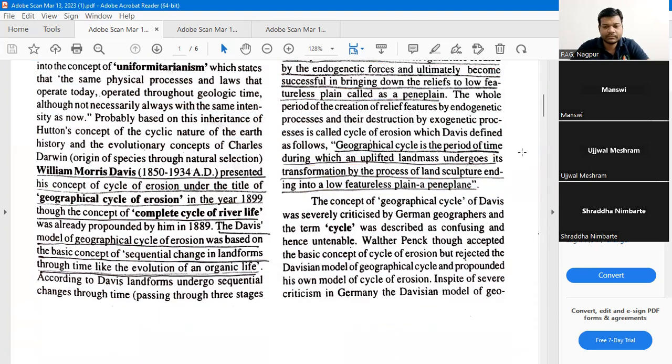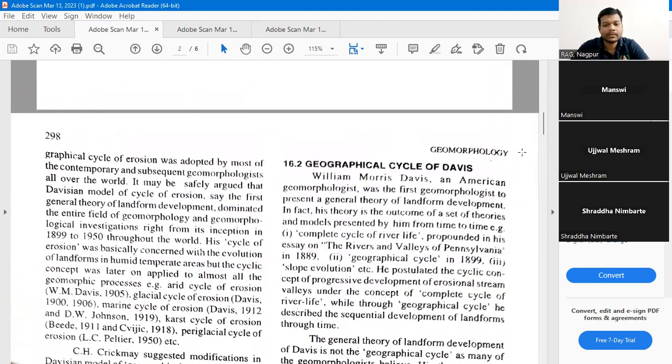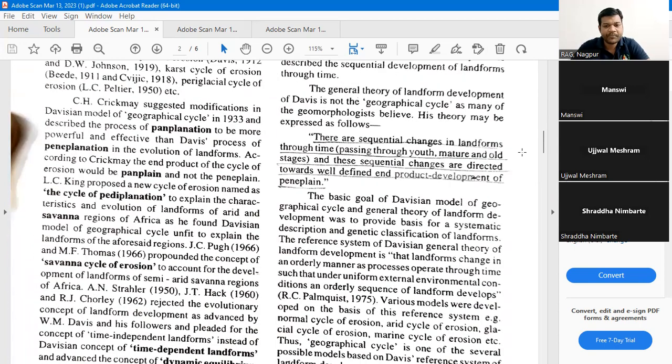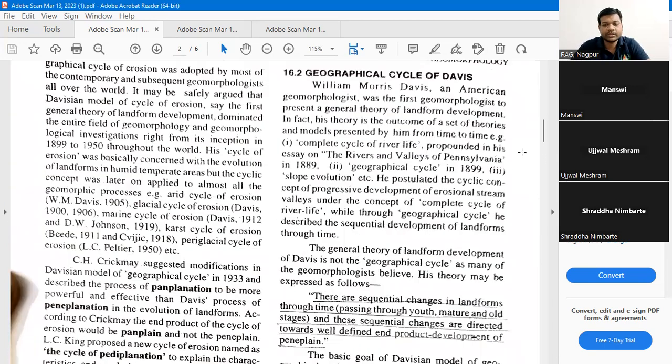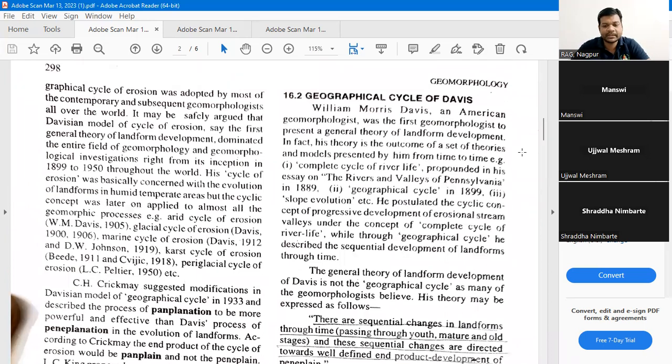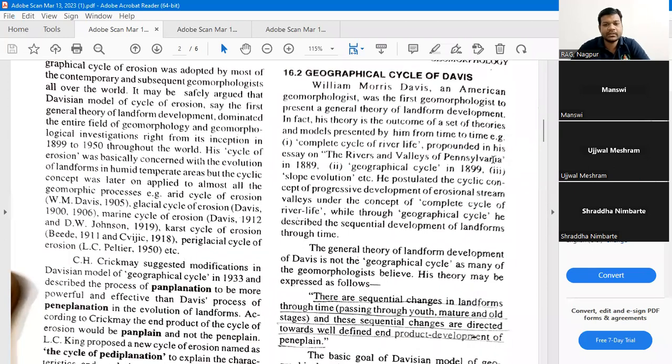Now, the geographical cycle of Davis, which he proposed for the study of landforms.